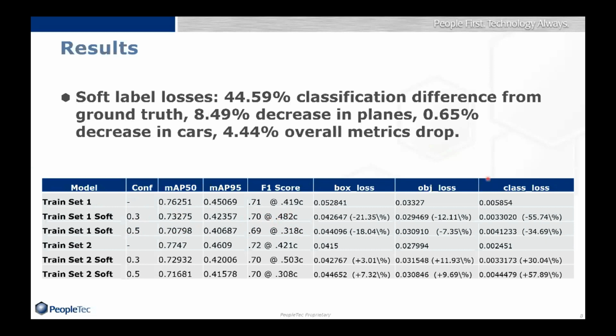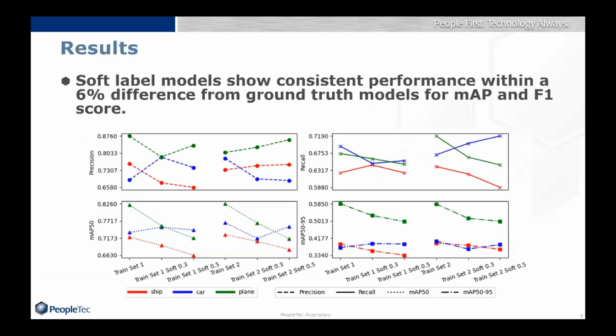So when looking at these losses, this is the test set after the final epoch of training, but we can see a more interesting story if we dive into the per class metrics here. And that will give us a better look at what's going on. Let's explain this graph. We have four different metrics: precision, mean average precision, recall, and mean average precision at 95% overlap.